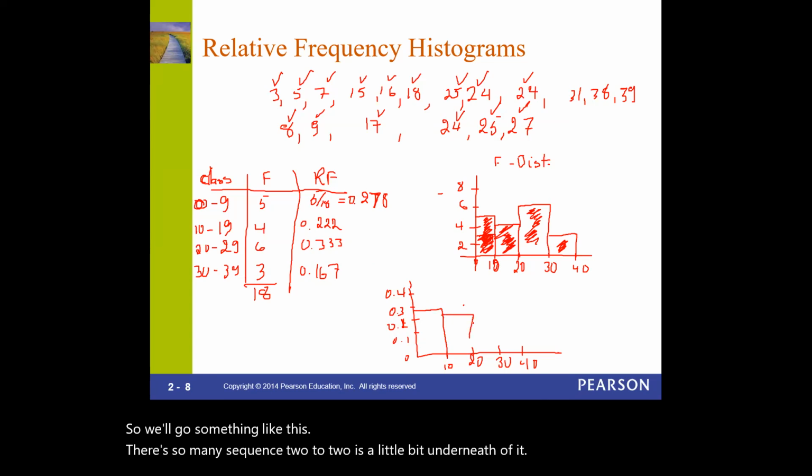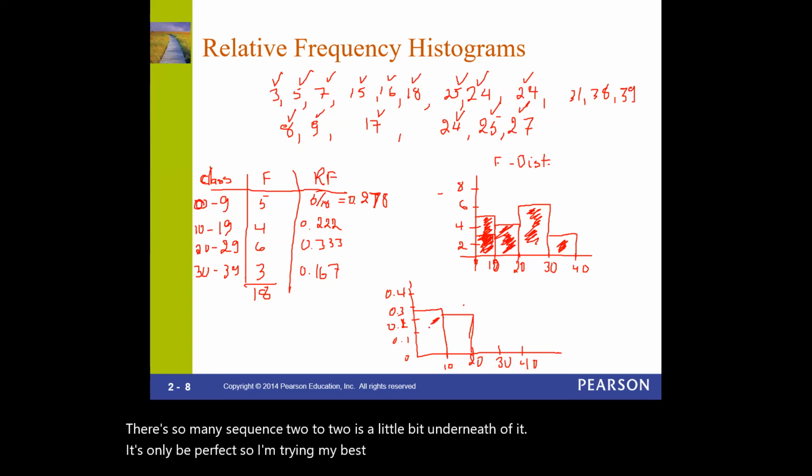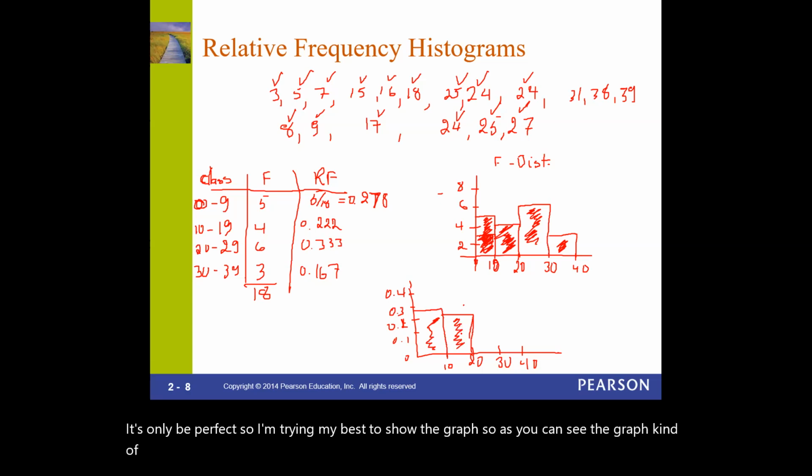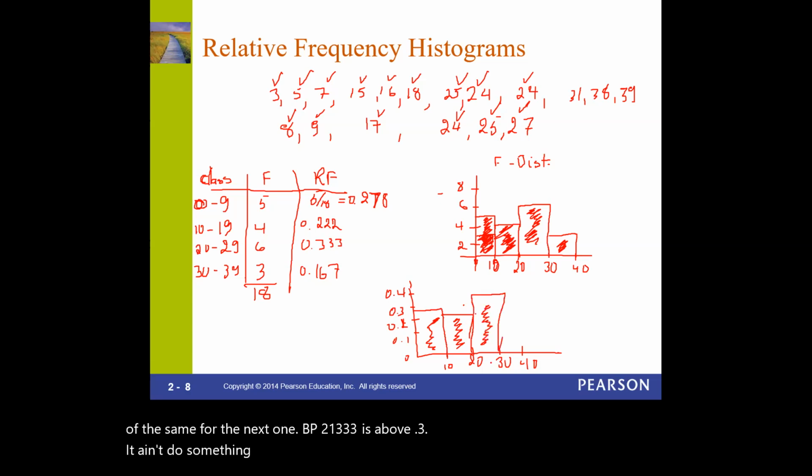It's not going to be perfect, so I'm trying my best to show the graph. As you can see, the graph looks kind of the same. The next one, 0.333, is above 0.3. And then the next one will be 0.167, which is under.